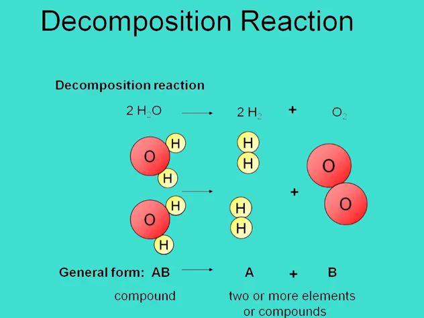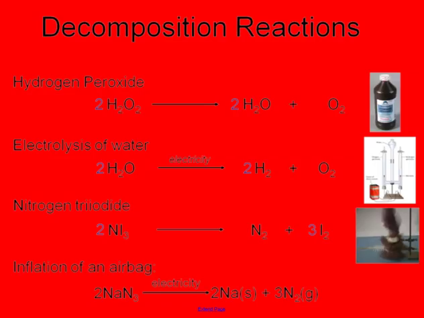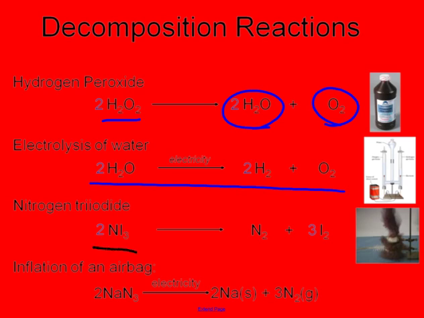So here we see, once again, decomposition at work, and here are a few more examples. So we've got hydrogen peroxide here breaking down into water and oxygen gas. We've seen electrolysis of water a few times already. Nitrogen triiodide can break down into its base components of nitrogen and iodine.